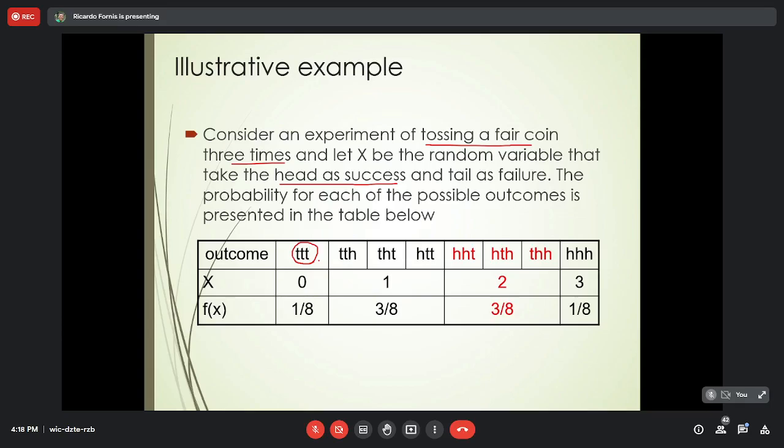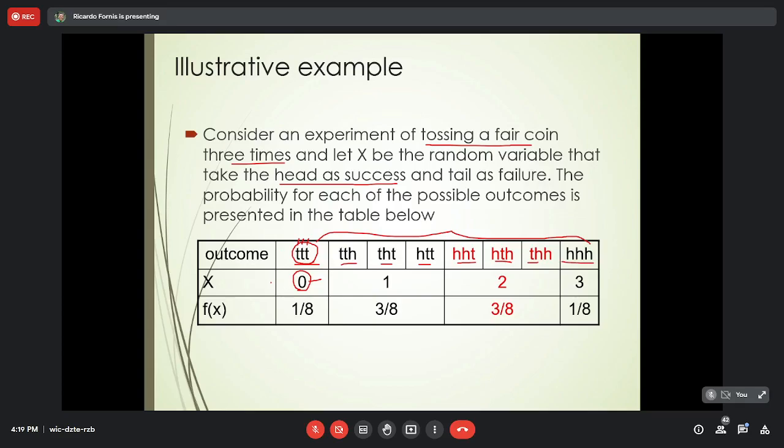The probability of obtaining 0 success means all the tosses give tail. So 0 head. What is the probability? The probability is 1/8. Why? Because of the 8 outcomes, how many outcomes ta, no? 1, 2, 3, 4, 5, 6, 7, 8.